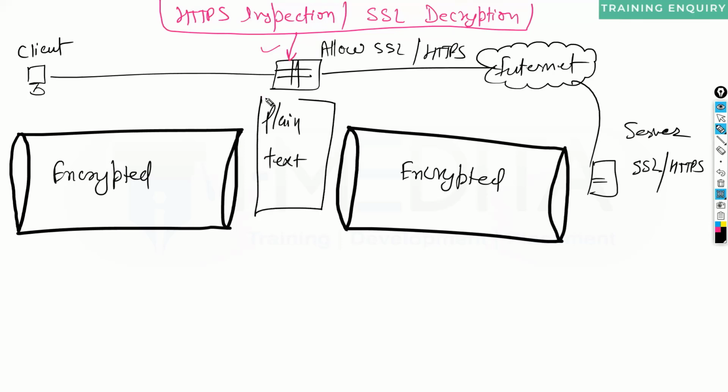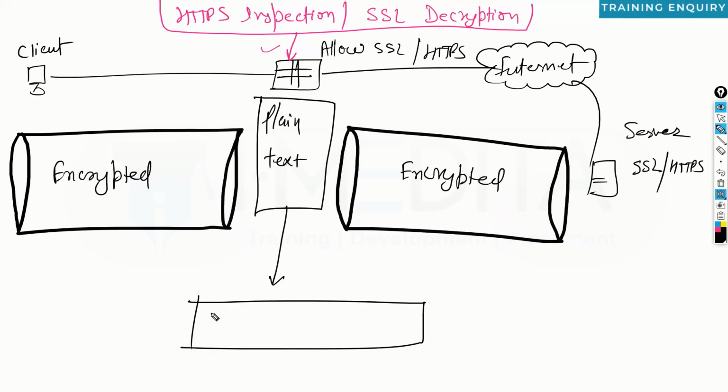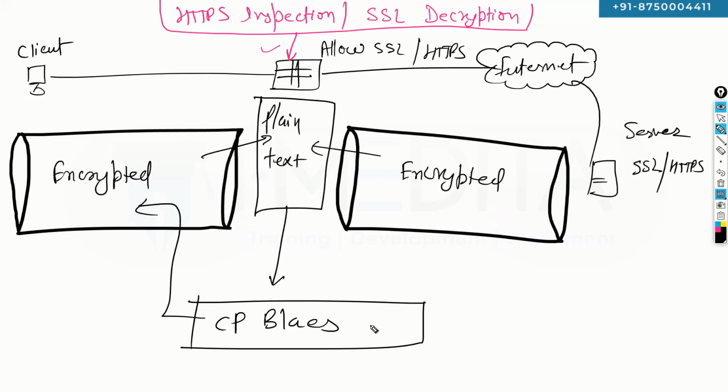When we have data in plain text format, we can filter the traffic with the help of Checkpoint blades like antivirus and anti-spyware, and after filtering the traffic through the blade, we can send the traffic to inside or outside in this way.